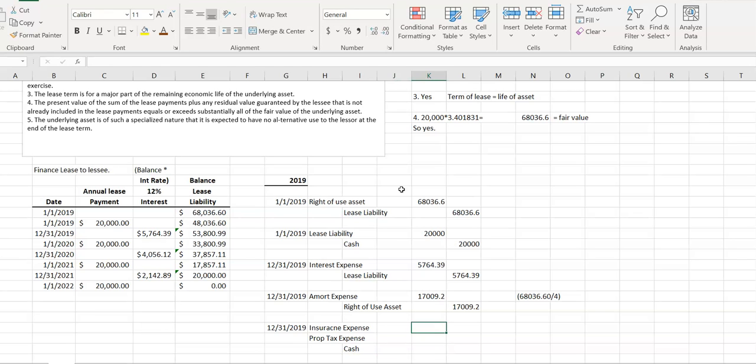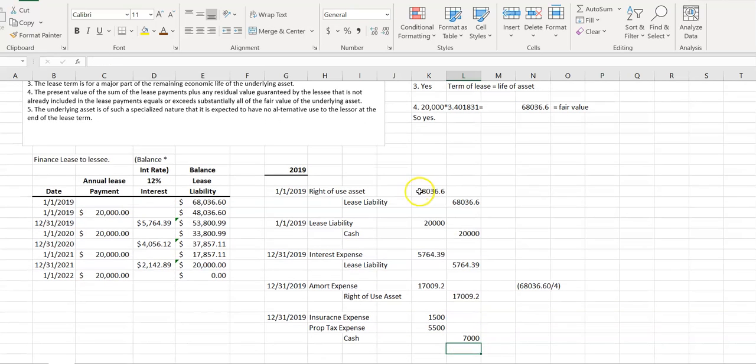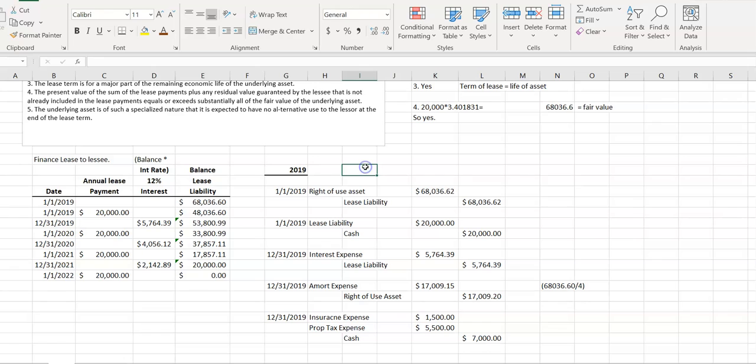All right, my insurance expense was, I don't remember what it was, 1,500, 5,500, and then cash is going to be the two added together. All right, so those are my entries for 2019. All right, and this interest right here came from right here.